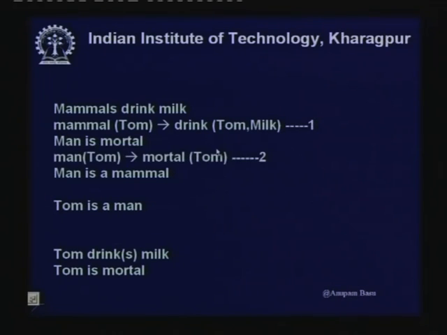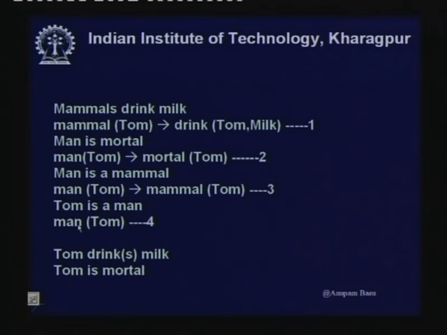Similarly, man is mortal can be written as: if Tom is a man, then Tom is mortal. This is my second implication. Man is a mammal can be written as: if Tom is a man, then Tom is a mammal. This is my third statement, and Tom is a man. This is no implication, this is just an assertion.